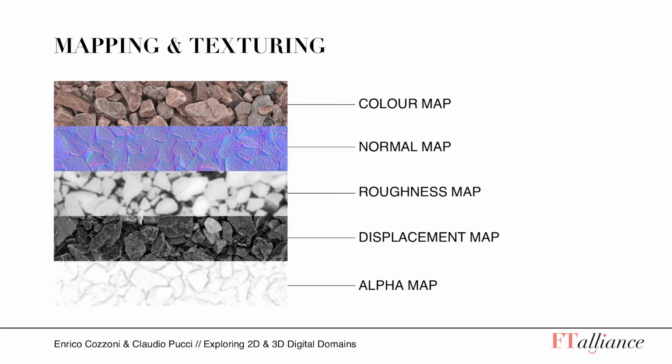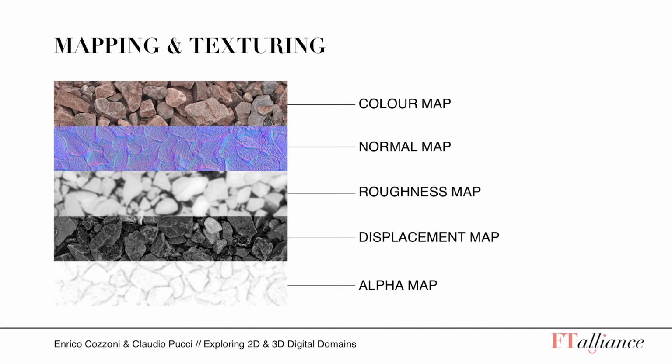So, coming back to the digital acquisition of the image that we have seen. After the digital acquisition, we can unpack this digital version of the material in different typologies of maps. These maps contain different typologies of digital information about the material.